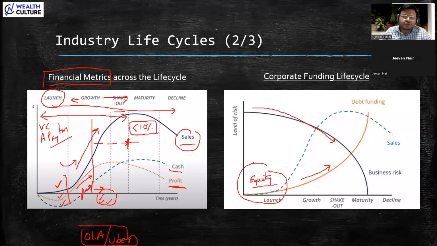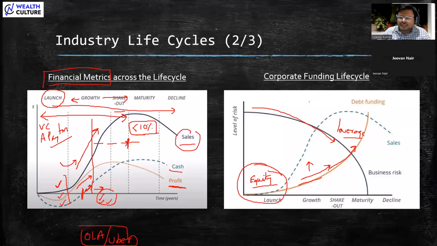No bank will give you loan. So majority of the initial funding is equity. But then as you start to get into the growth phase and you start to see more of these profits and cash flows come in, banks are ready to lend you money. And then as the industry matures, you take more and more leverage, right? Because what happens is, margins are low.